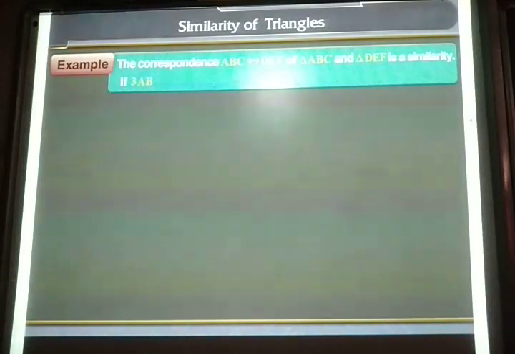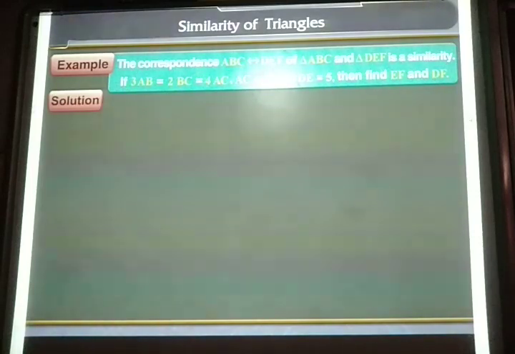If 3AB is equal to 2BC is equal to 4AC, AC is equal to 3 and DE is equal to 5, then find EF and DF. The solution is as follows.